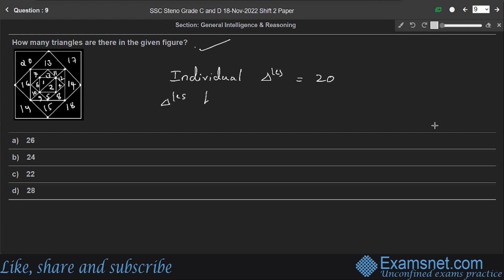Then we'll consider the triangles formed by adding 2 or more. The first triangle is by adding 11 and 12, 11 plus 12. Secondly, we have the triangle by adding 10 and 9, 10 plus 9.